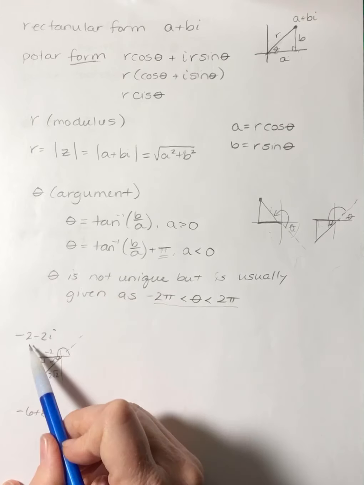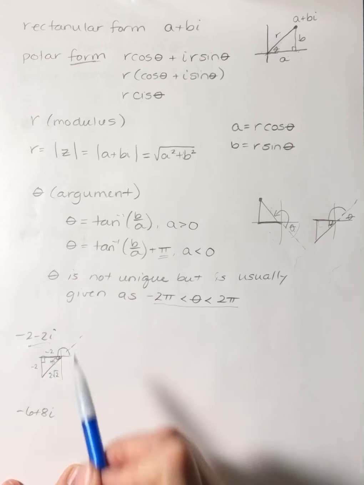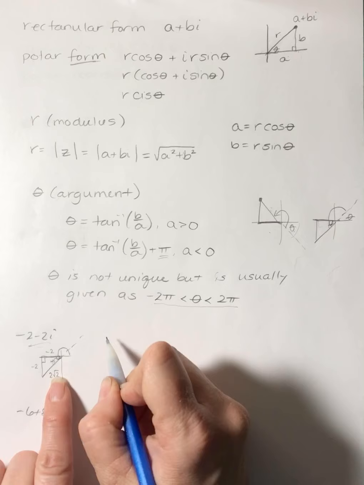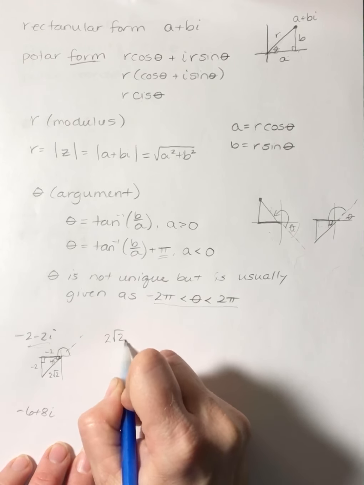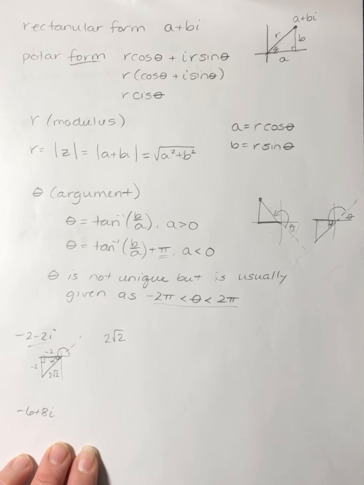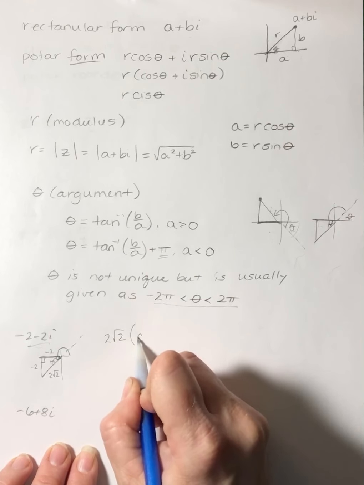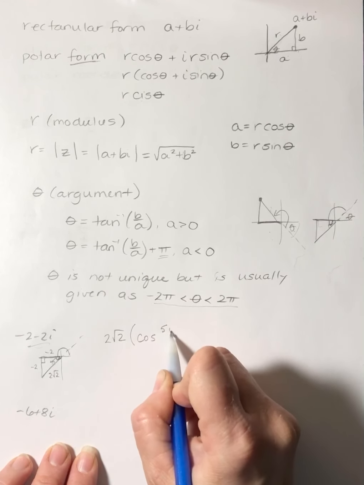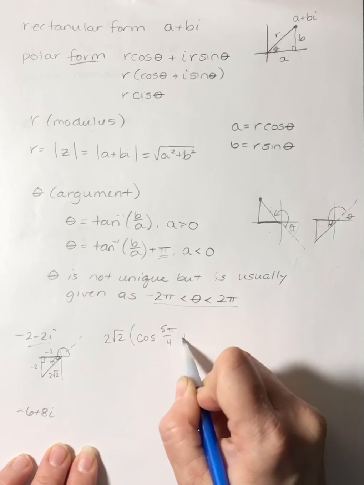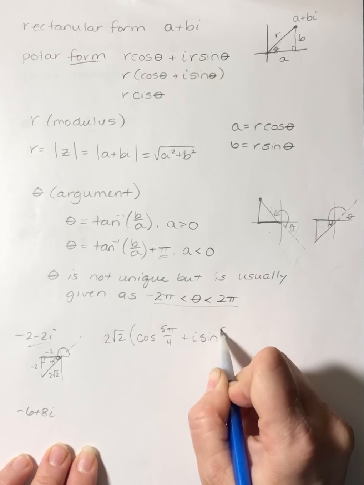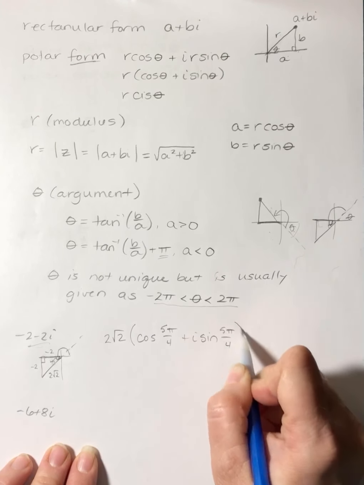So rectangular form, polar form, my r is 2 square root of 2. And then I would have cosine of 5 pi fourths plus i sine of 5 pi fourths.